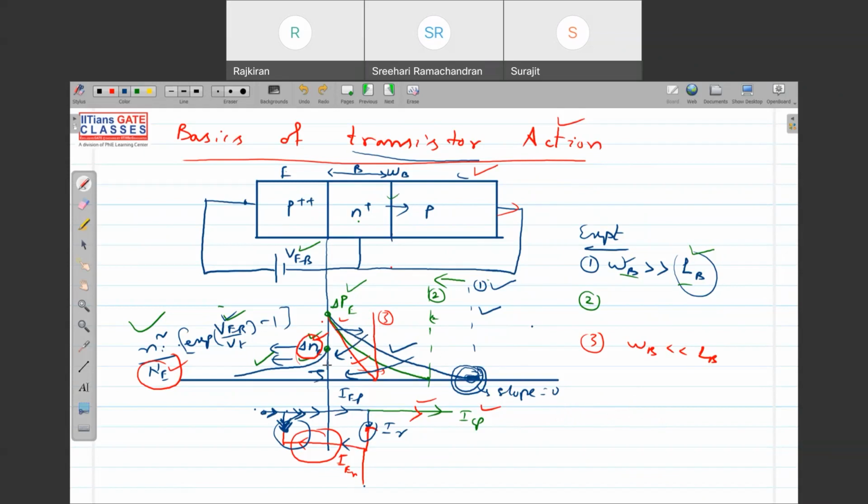The recombination current should be proportional to the number of carriers recombined, right or not?